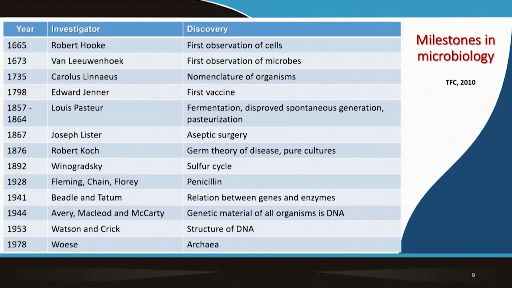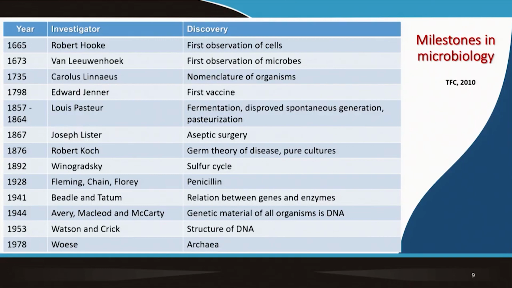And the first major milestone that I have, this is a sort of arbitrary selection from the textbook, and I've chosen these based on their importance and their relevance to what we are doing. So 1665 is the first one, the first milestone, and that was Robert Hooke when he was able to observe microbial cells or just cells.